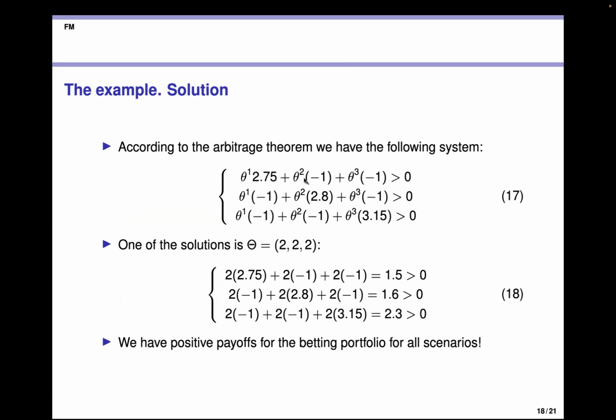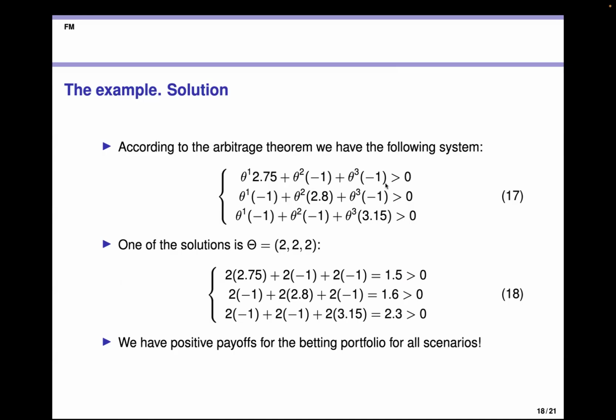But for the second scenario, if it is true, the money involved in the second bet and the third bet we lost.